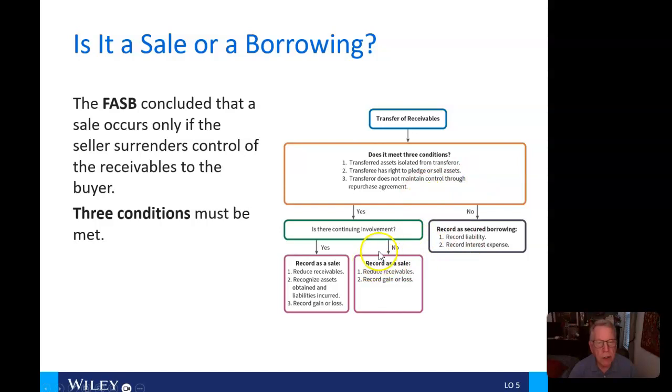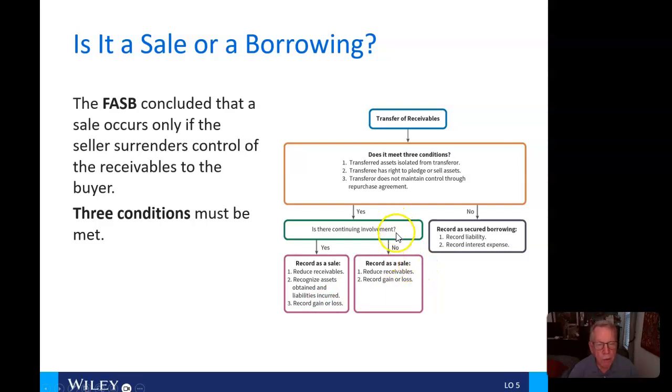If all of those conditions are met, is there continuing involvement? If yes, we record it as a sale. We reduce receivables, we recognize the assets obtained and the liabilities incurred, and maybe we record a gain or loss.